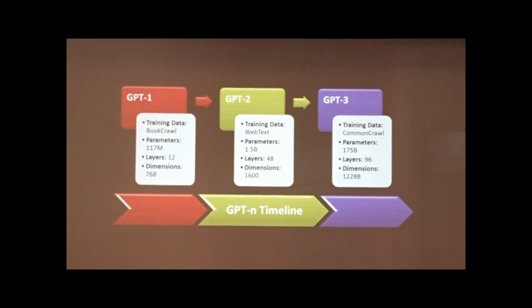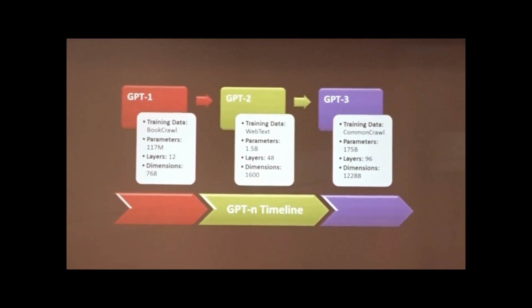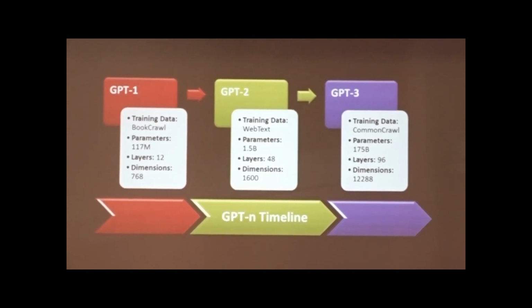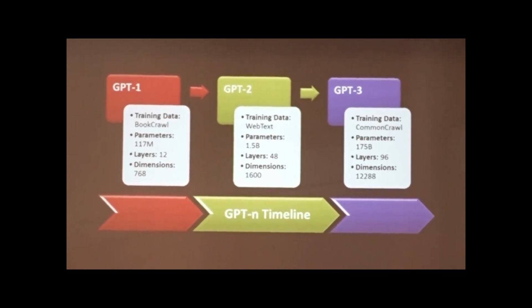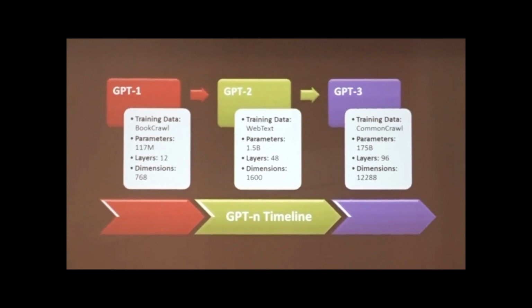Within each hidden layer they took 768 neurons. The dimension of each layer is 768, and there are 12 such layers. Coming to the GPT-2 version, it was built with 48 layers with a dimension of 1600.